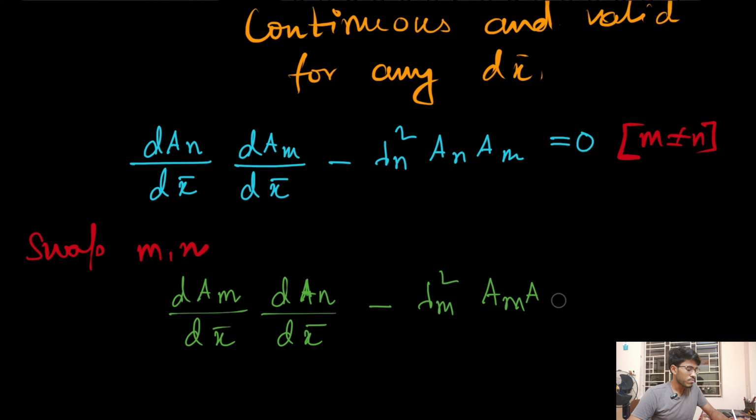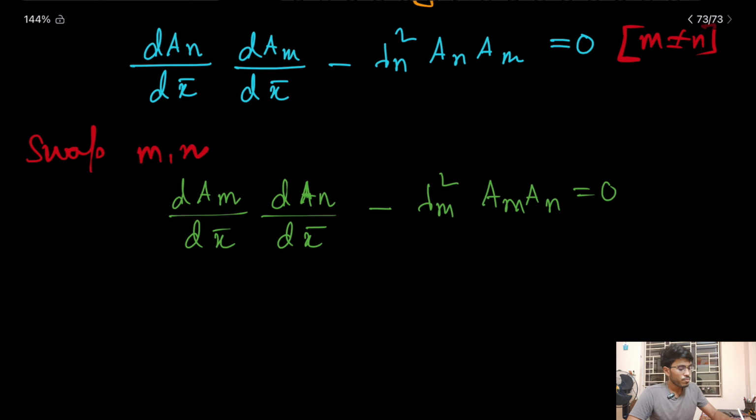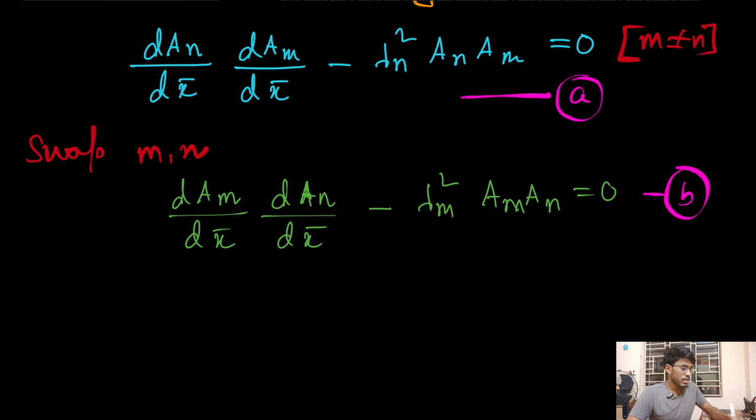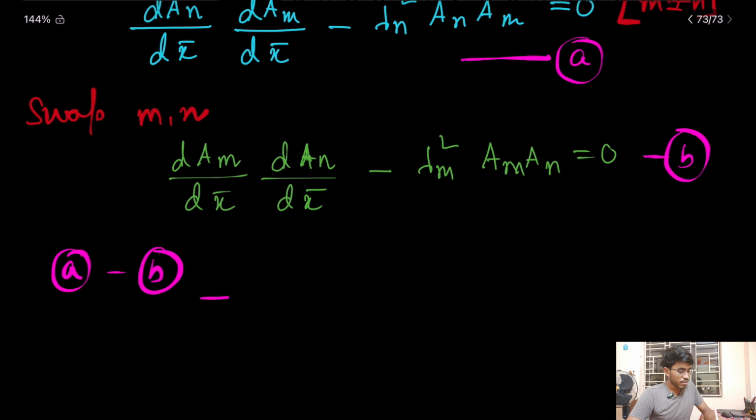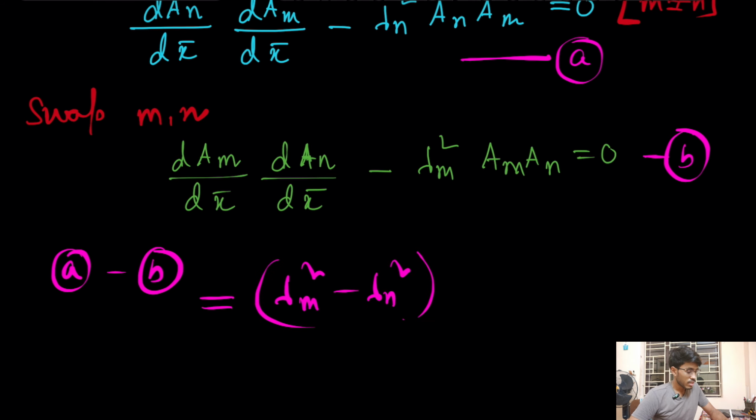That is the same, but still for the sake of understanding, let me term this as equation A and this as equation B. Now you subtract equation B from A, then we get lambda m square minus lambda n square, right, into am an equal to 0.